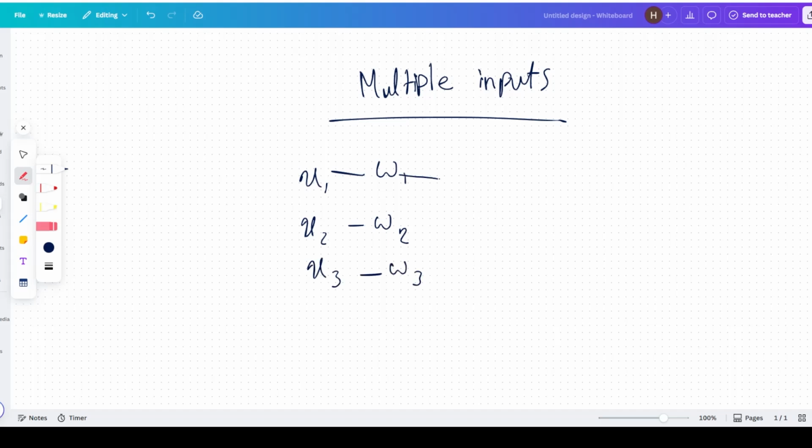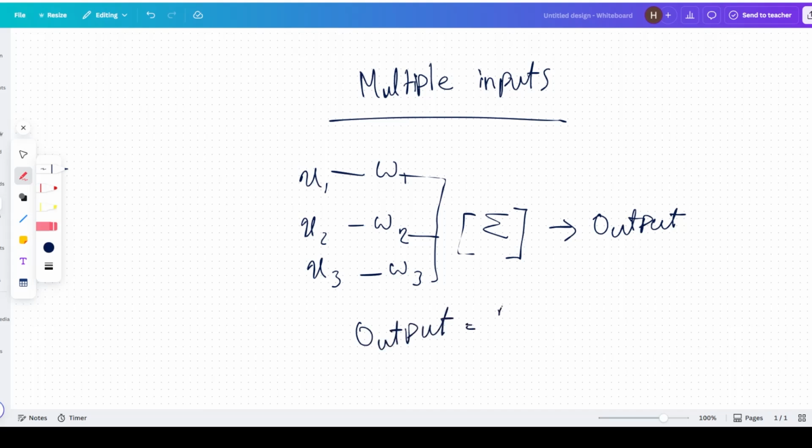If we do the simple math here, we are going to sum all of this, and thus we will have our output. If I write this into our equation, our output is x1 w1 plus x2 w2 plus x3 w3.